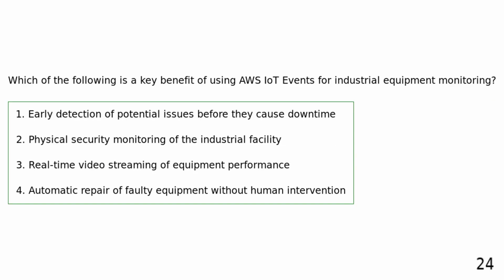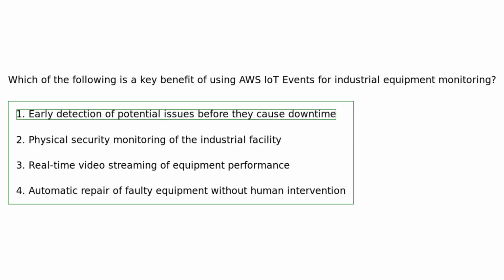Which of the following is a key benefit of using AWS IoT Events for industrial equipment monitoring? Early detection of potential issues before they cause downtime. Physical security monitoring of the industrial facility. Real-time video streaming of equipment performance. Automatic repair of faulty equipment without human intervention.